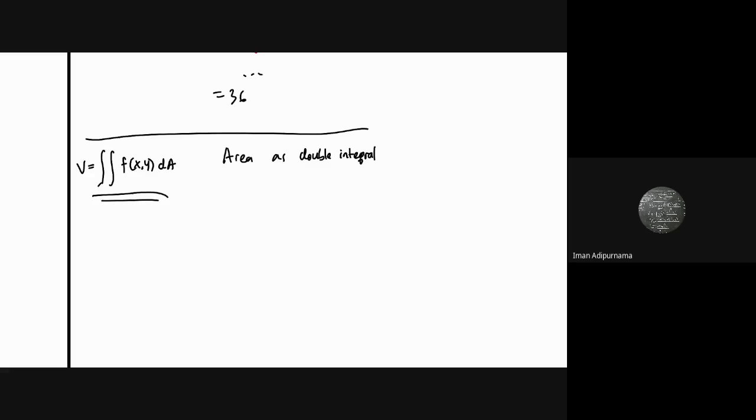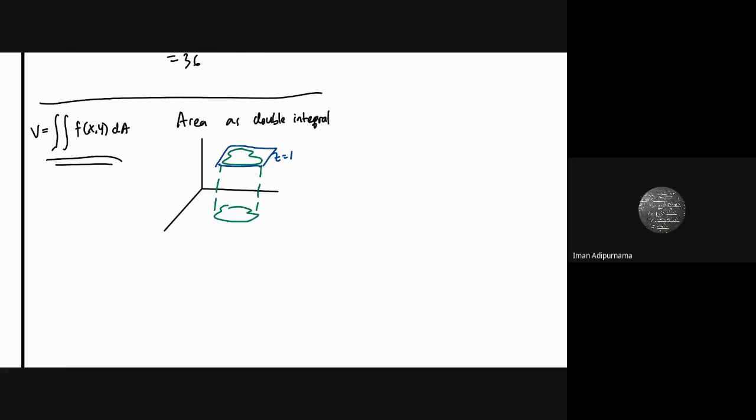So what we are doing here is, if this is the surface and this is the projection, and let's say this has z equal 1, and then we have a boundary like that.